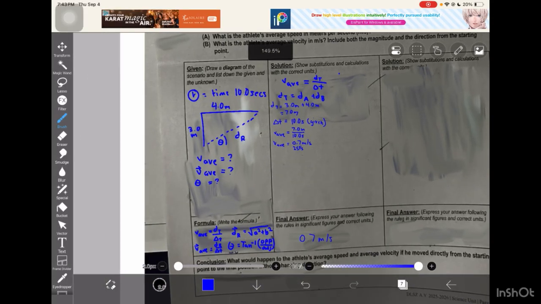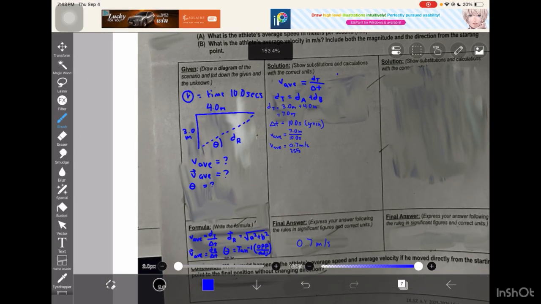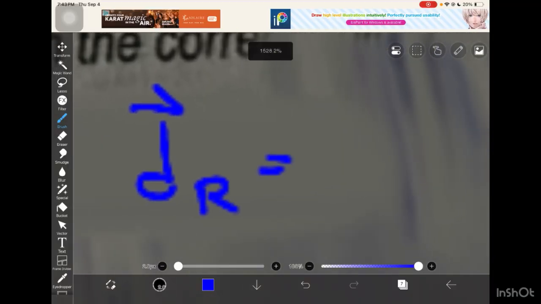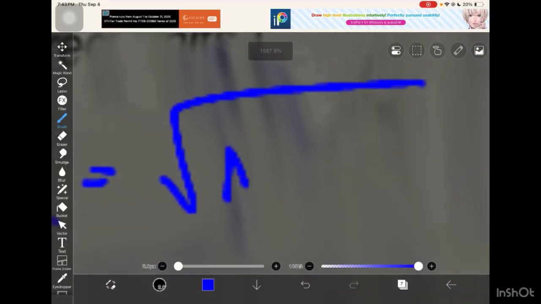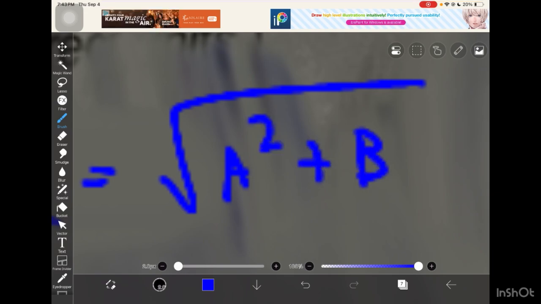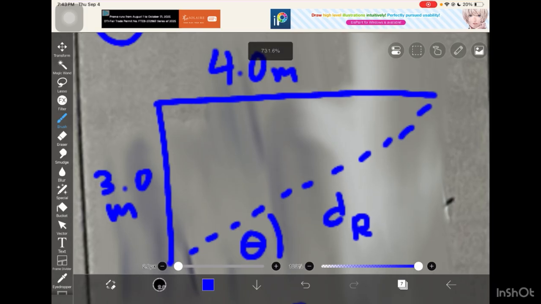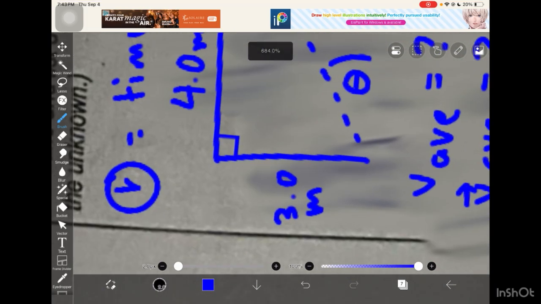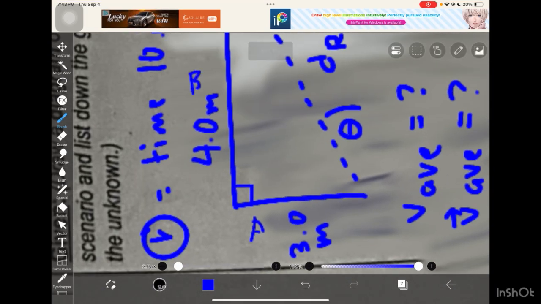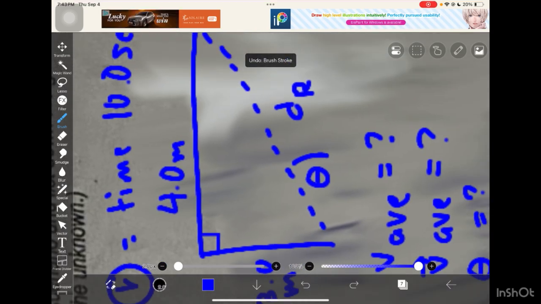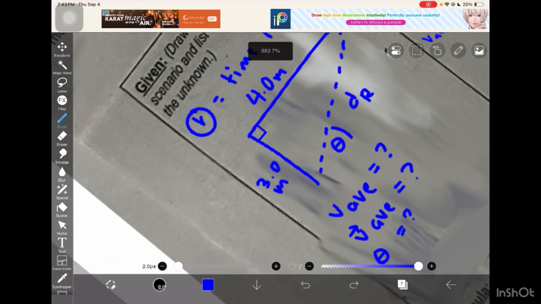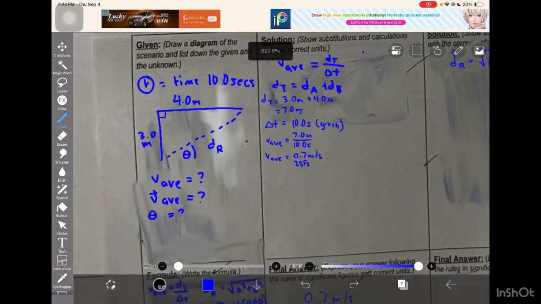So let's start with d sub r. D sub r is equal to square root of a squared plus b squared. So, why do we do this? Because we have a right-angled triangle here, and this is our a and this is our b. And according to Pythagorean theorem, if we are given this specific scenario, we can just use the square root of a squared plus b squared to get c. So that's why we use it.